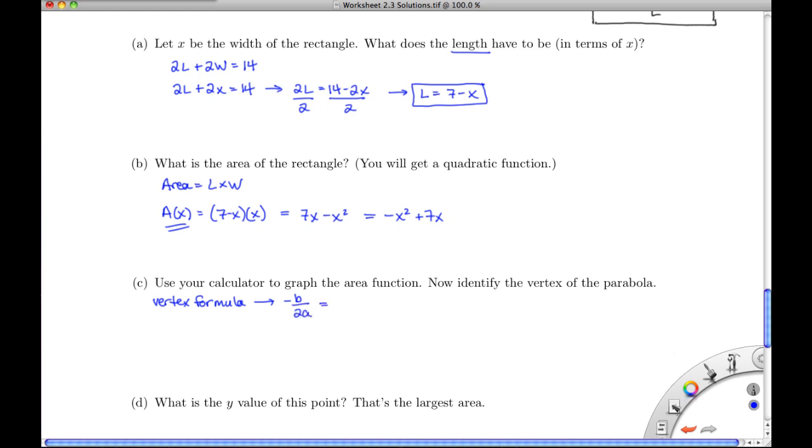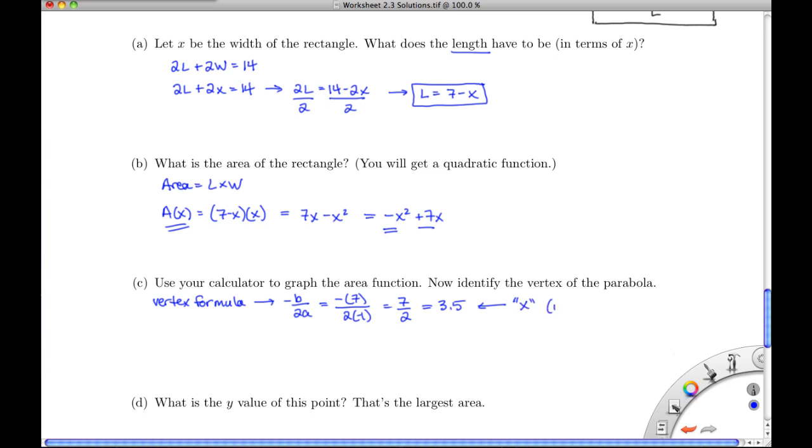Looking up here, our b is 7 and our a is -1. So we've got minus 7 over 2 times -1, which gives us positive 7/2. This is basically 3.5, which represents the x coordinate of our vertex.